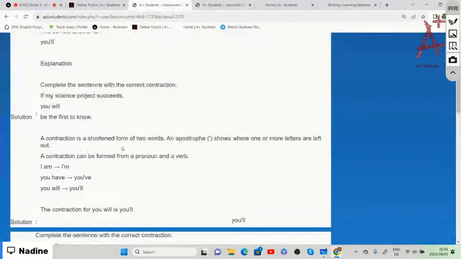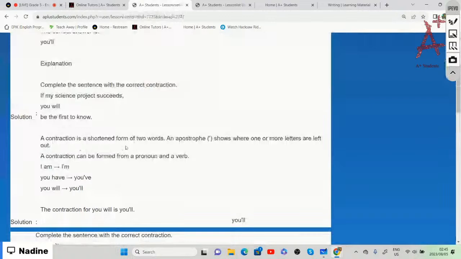For example, we add double L or VE or M and so on. So a contraction can be formed from a pronoun and a verb, right? And the apostrophe in that contraction shows where one or more letters are left out.